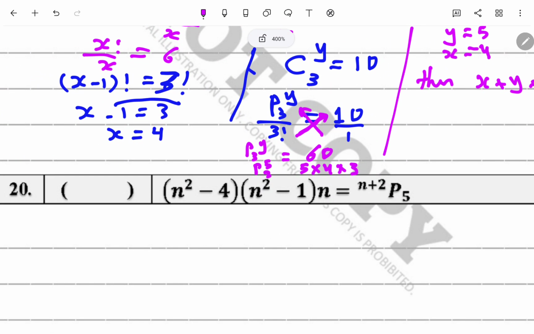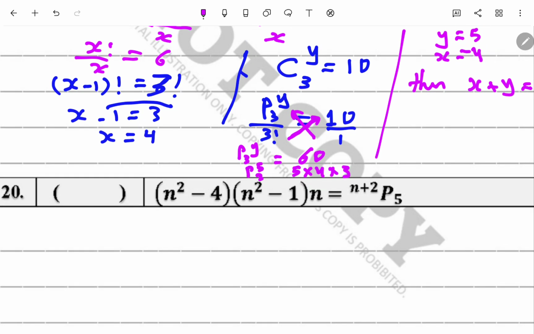In question 20, we have n squared minus 4 and n squared minus 1 with n, which should equal the right side, including the biggest factor, n plus 2, and 5 factors. Let's prove that from the left side. Do we have 5 factors? Yes, we can by expanding each.